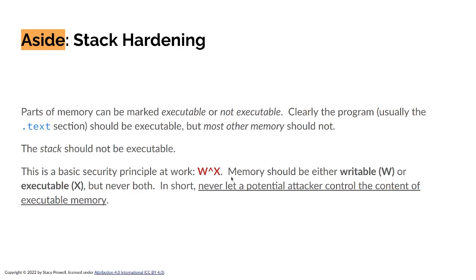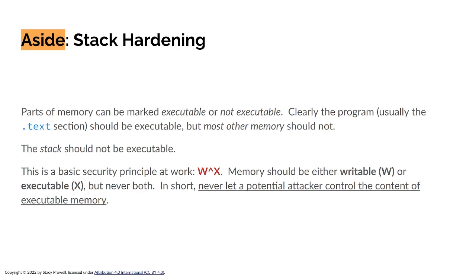That provides too much room for mischief by bad guys. And so we don't want to let an attacker take control of executable memory. So if the stack is executable, we're in trouble because the stack has to be writable. So if it's also executable, that violates this basic security principle. Can an attacker use that?